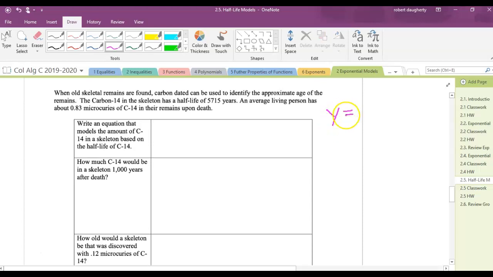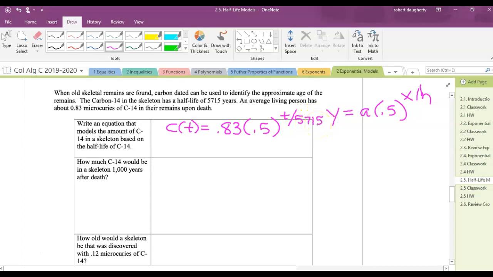Remember, this is what I'm basing everything on with half-life, 0.5 to the x over h. So if I'm modeling something here with carbon-14, I can say C of T is equal to, what is the initial value? 0.83, and then 0.5 to the T over 5715. So this is the equation.